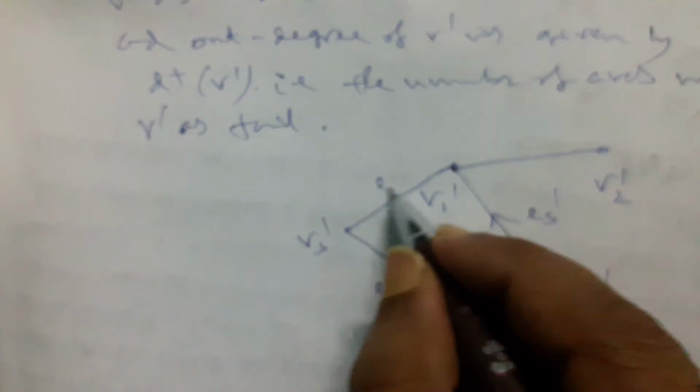If we consider the edges, E5 dash, E4 dash, E3 dash, E1 dash, E2 dash. So in this way we get a digraph.